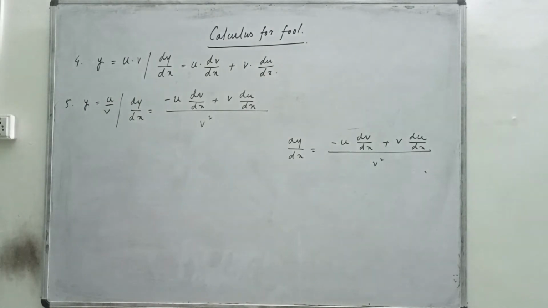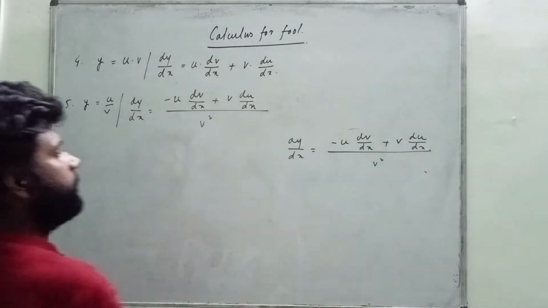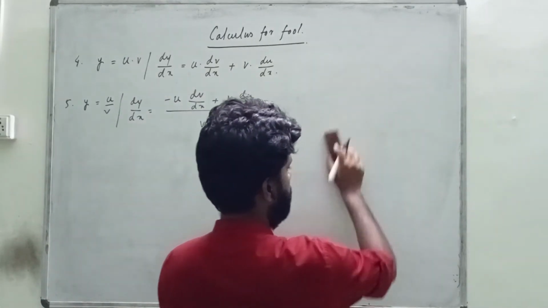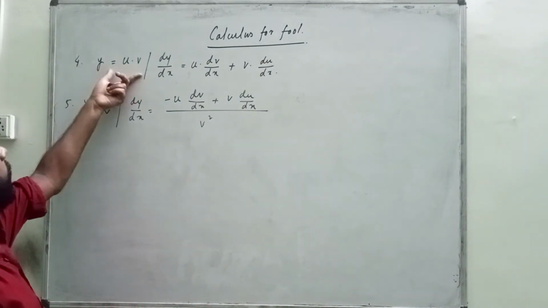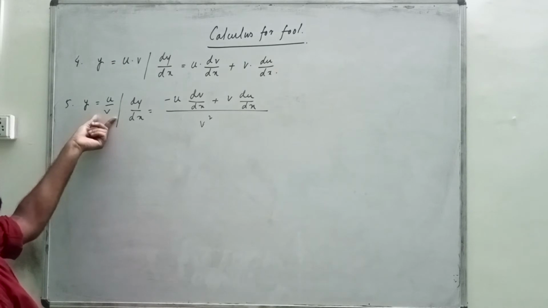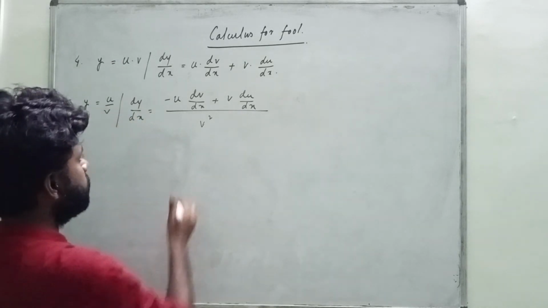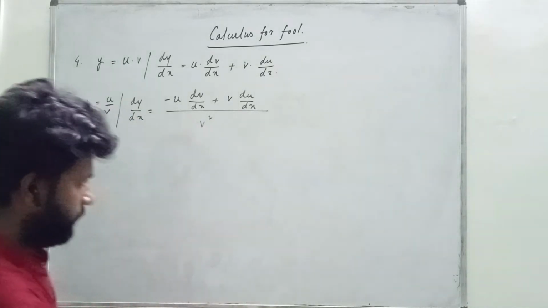So it is our number 5 formula, number 5 rule. The product rule is number 4. The quotient rule is number 5 here, right?